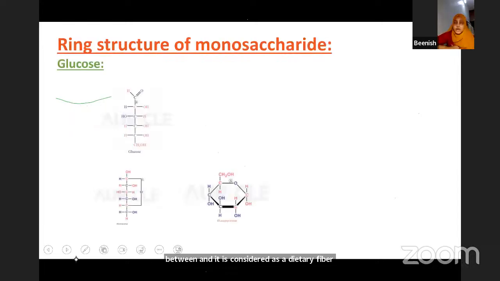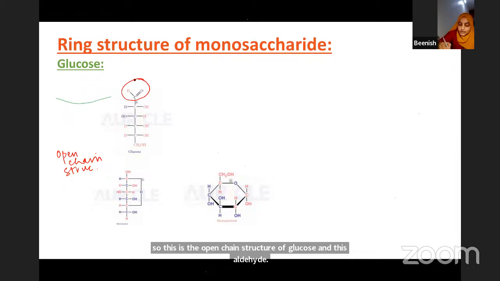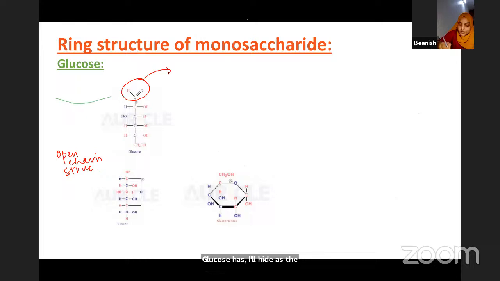Now, let's talk about the ring structure of monosaccharides. So, beginning with glucose. Now, you can see this is the open chain structure of glucose. Glucose has aldehyde as the functional group. So this aldehyde is a reactive group.